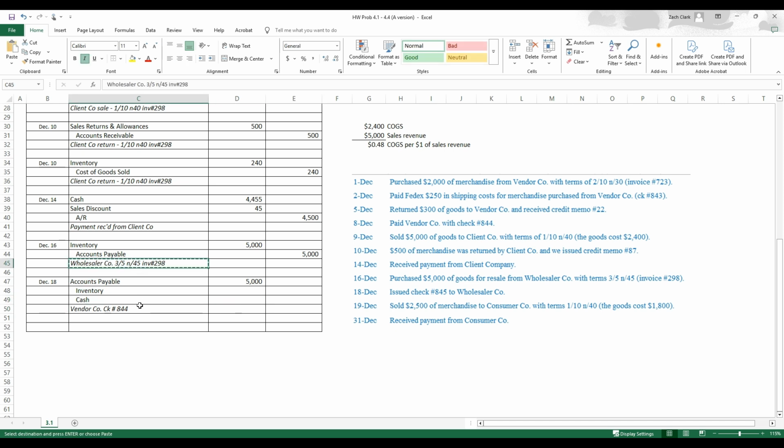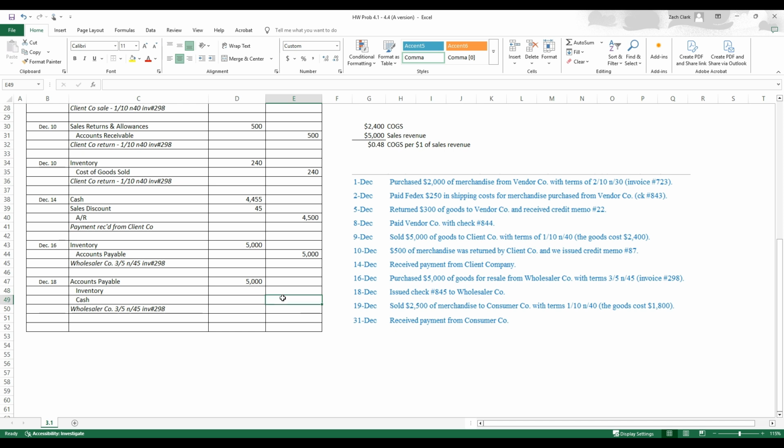And this is Wholesaler Co. I'm just going to put this down here. We purchased the goods, and it needs to be paid within 3 days. This is the 18th, which is 2 days after the 16th. So we are within 3 days. 2 days is less than 3 days, and so we do get a discount.